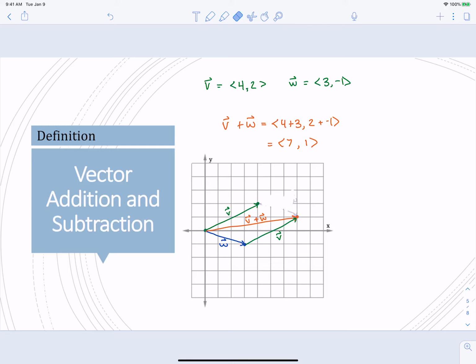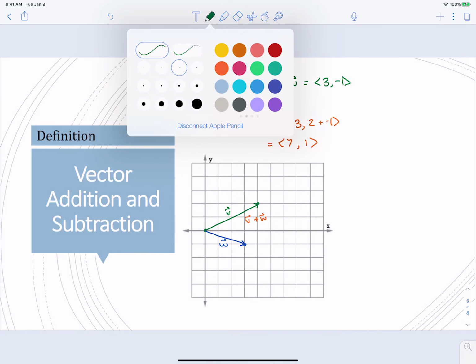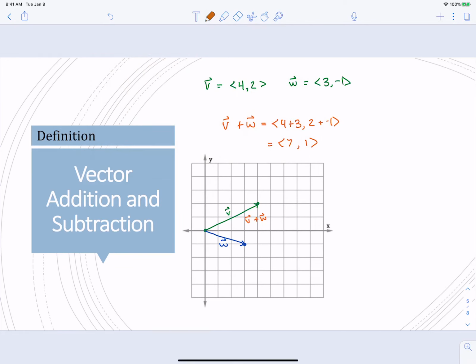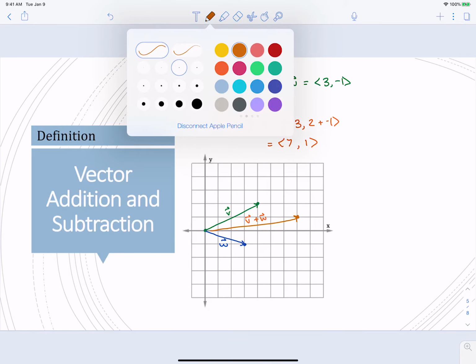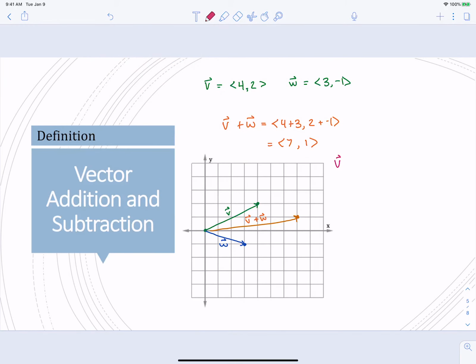Let's see if I can easily erase these. Hooray! Oh no, it took out my orange vector. I'll put you back in here. There we go. Now if we wanted to subtract these, v minus w, that again is literally as simple as subtracting the components.